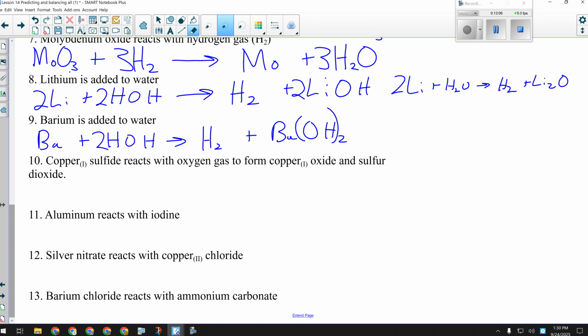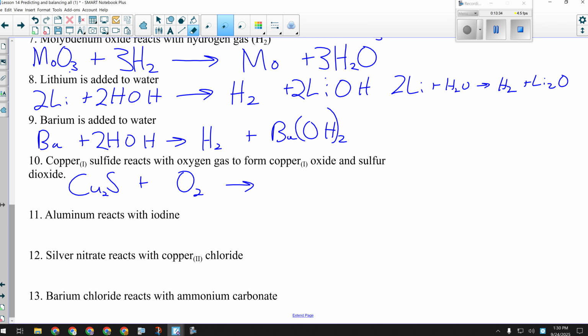For number 10, I gave you the whole reaction because it doesn't really fit with our reaction types that we've learned. It's slightly different. Biggest thing with number 10, copper 1 sulfide. So Cu with the 1+ charge with sulfide -2 charge, so we get Cu2S. And it is reacting with oxygen gas, O2.